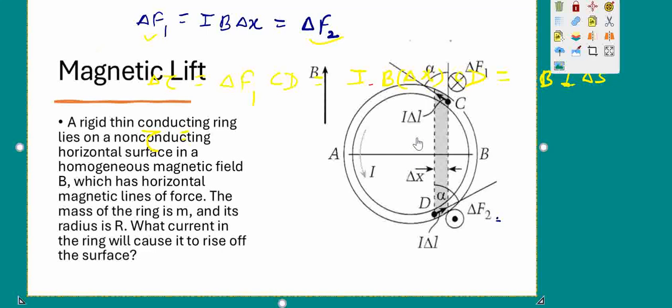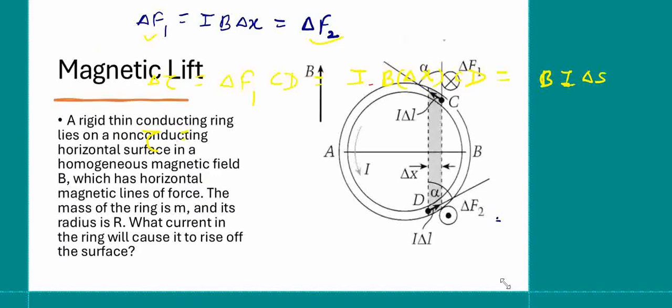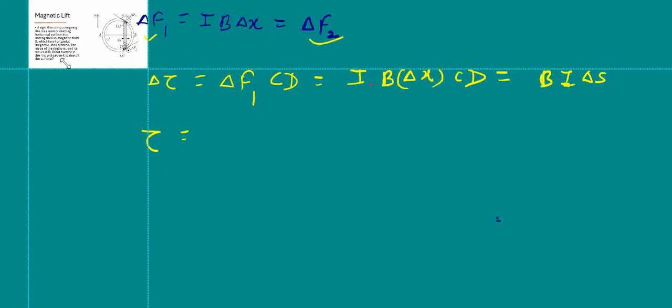And we can find that a thin conducting ring carrying a current I located in a horizontal magnetic field B will be affected by a torque BIS, where S can be taken as the whole area of the ring. See the mathematical picture if you don't understand.